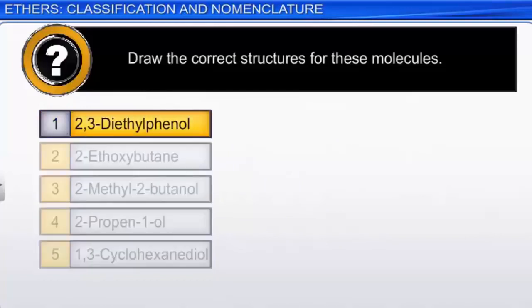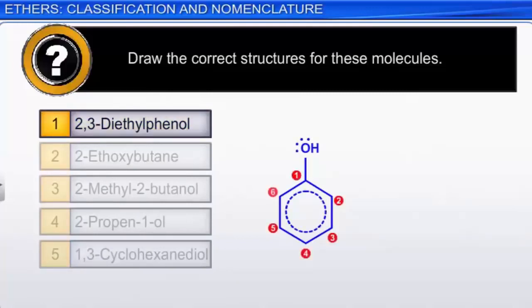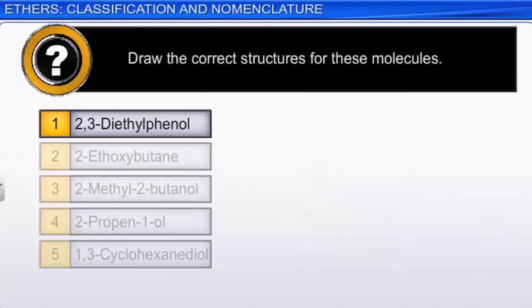Molecule 1 is 2,3-diethylphenol. Start by drawing a phenol ring. The location of the hydroxyl group is position 1 on the ring. Then, add ethyl groups at carbons 2 and 3. Molecule 2 is 2-ethoxybutane.